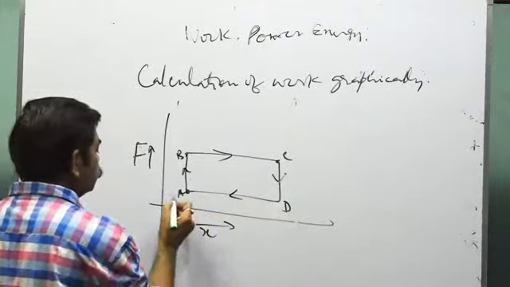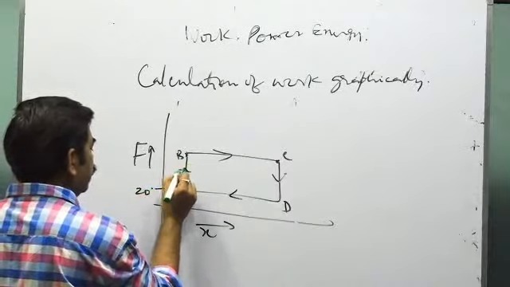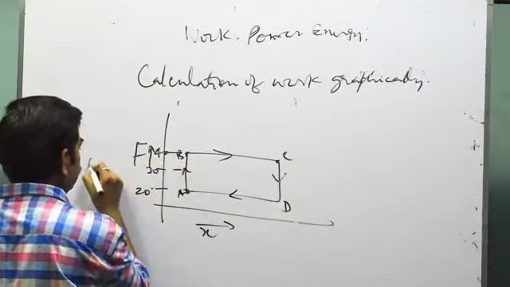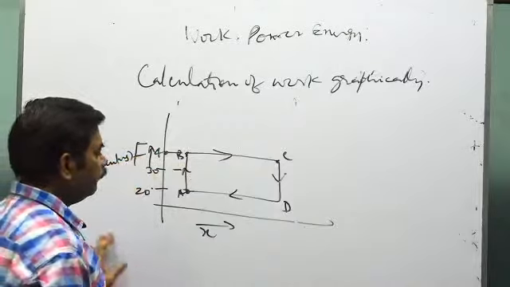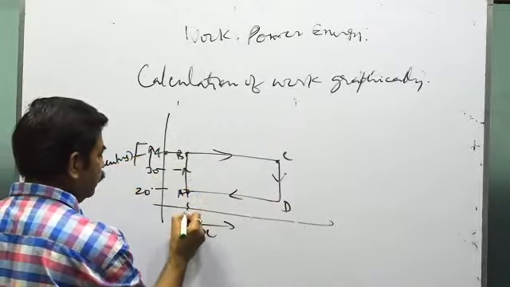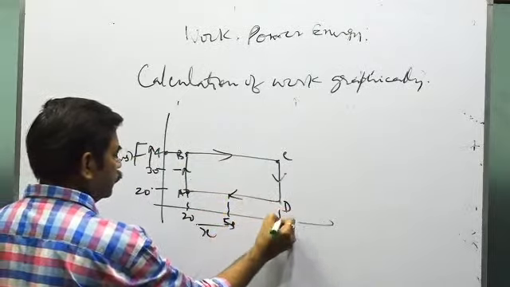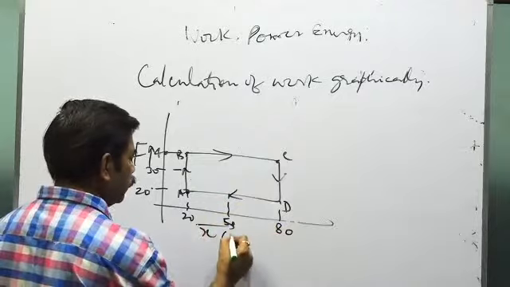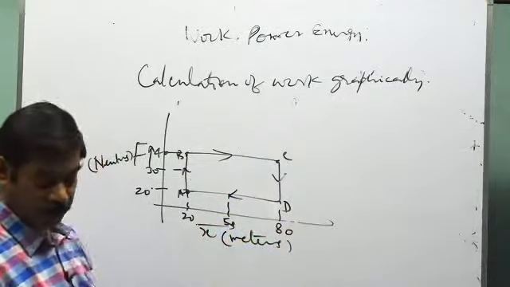And it's given here, it's 20, this is say 30, this say 40. This is in newtons. Force is in newtons. And here we have displacement in meters. This say 20, say this is 50, say this is 80. It is in meters. Now see, you have to calculate the work done.